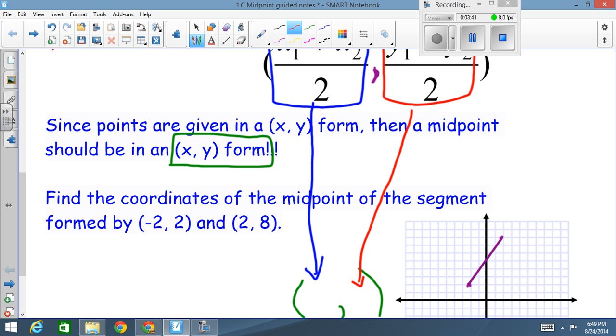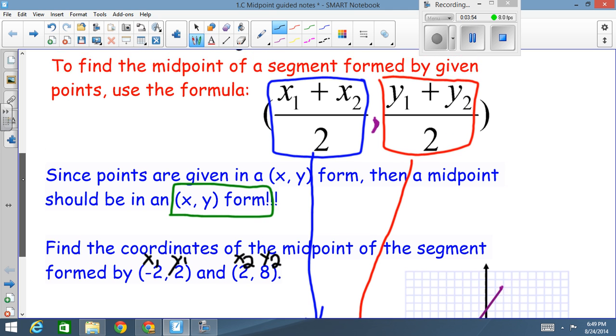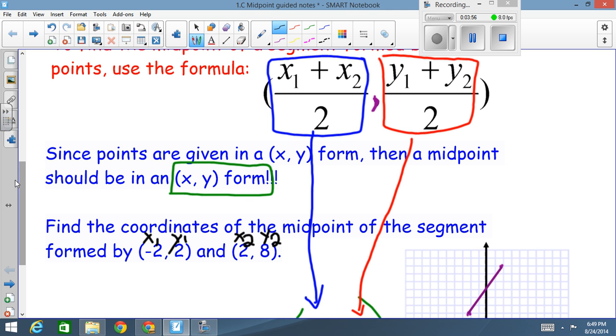So we'll go ahead and label our points. We're going to call our points x1, y1. Remember, the x's and y's always go together. And we'll call the second one x2, y2. All right, there's our formula. So after the first parentheses, we're going to do x1, which is -2, plus x2, which is +2, and that is always over 2.